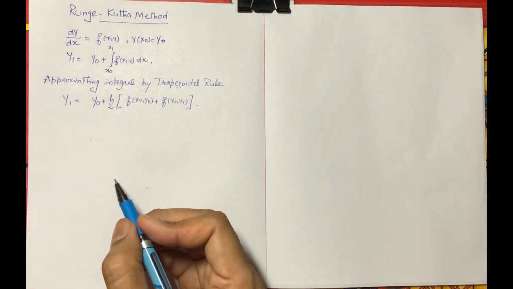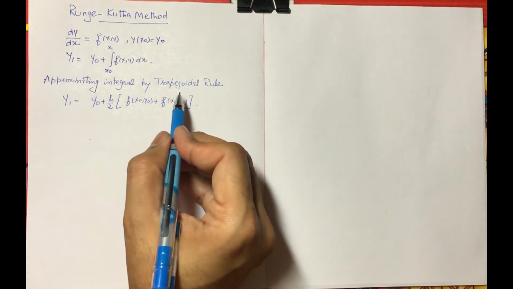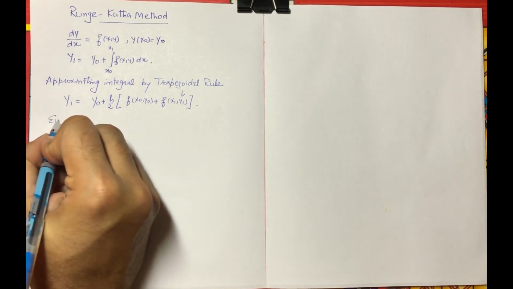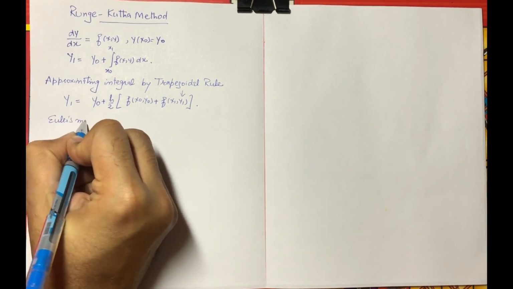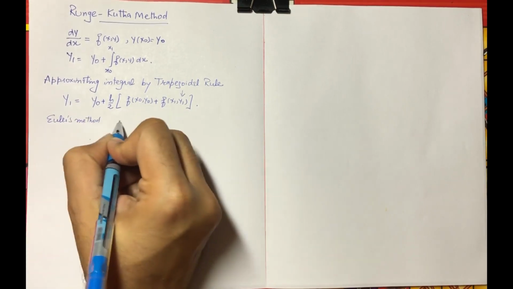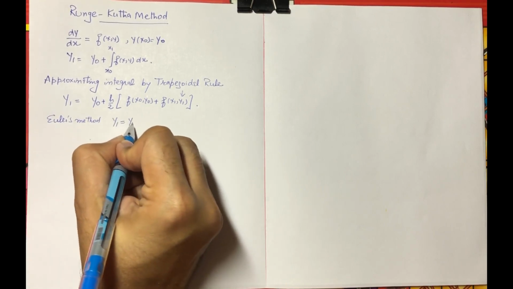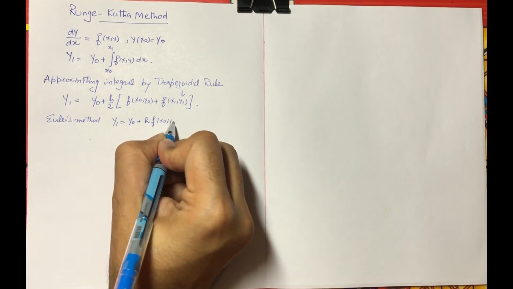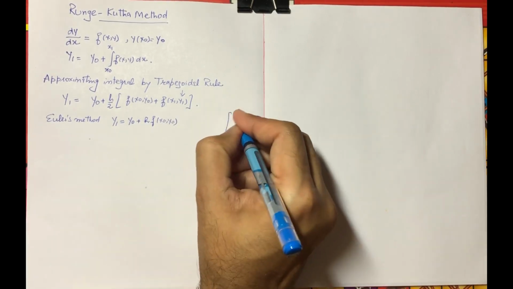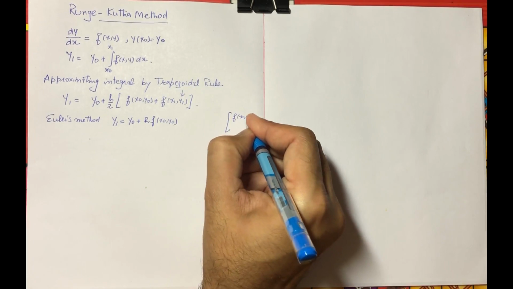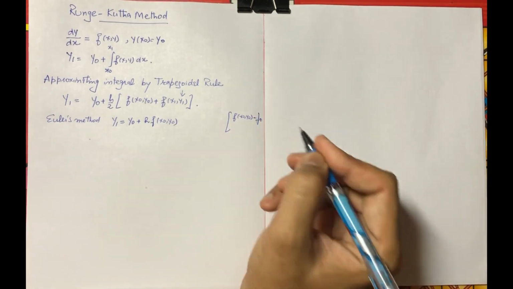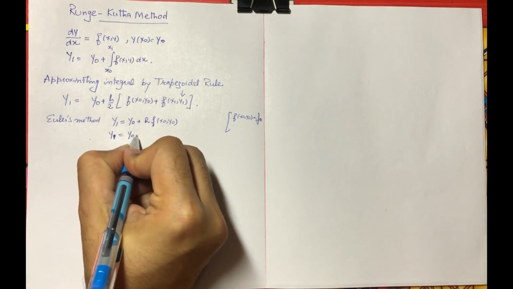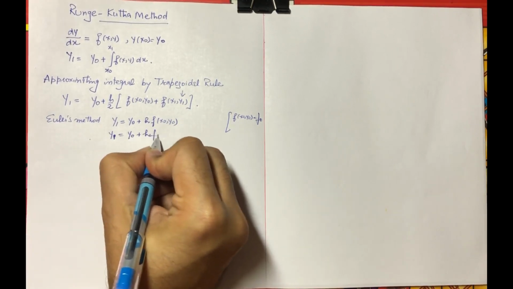And here again we replace this y1 by Euler's method, that is y1 equals y0 plus h f(x0, y0), and we will substitute f(x0, y0) as f0. So it becomes y1 equals y0 plus h f0.